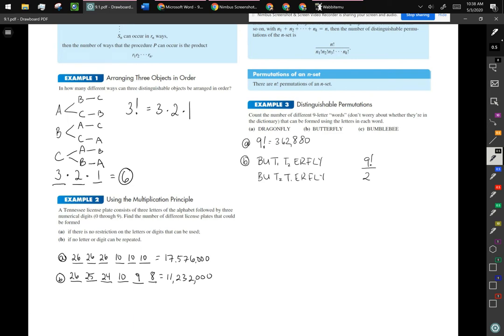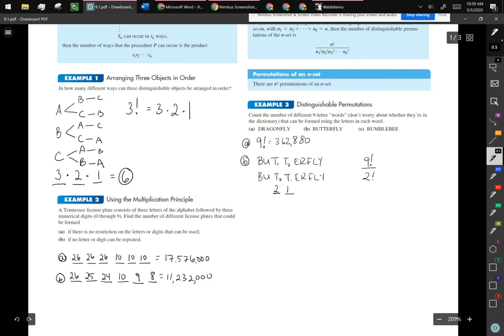So if you think about it, in the first spot, I want a T there and I want a T there. How many T's can I pick from in that first spot? 2. And then how many T's can I put in that second spot? 1 then, because I have 1 left. That means I have 2 times 1 different ways to arrange these 2 T's. And that's why it's 2 factorial.